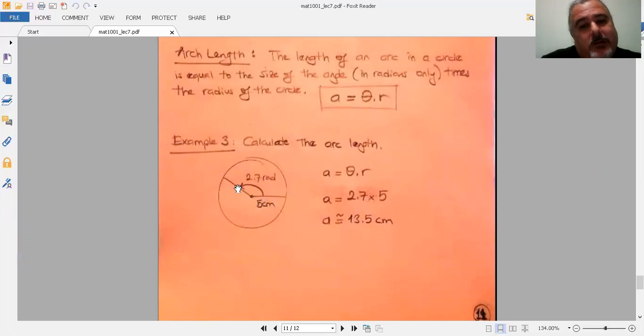It is not 1 radian. It is 2.7 radian. So I know the radius, I know the radian value, so I can easily calculate the arc length. What is the arc length? This is the arc length, 13.5 centimeters.